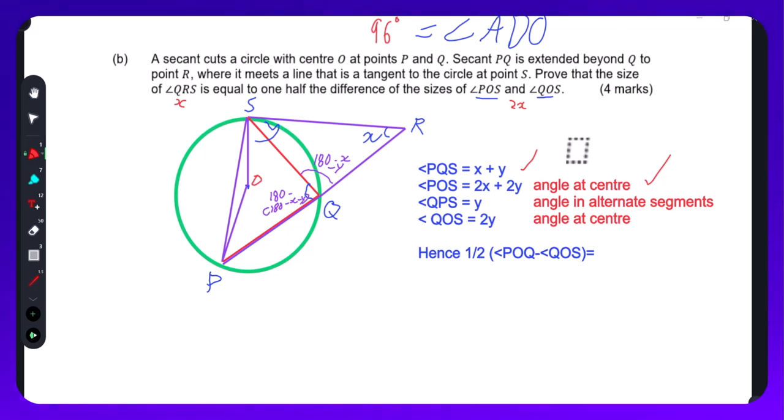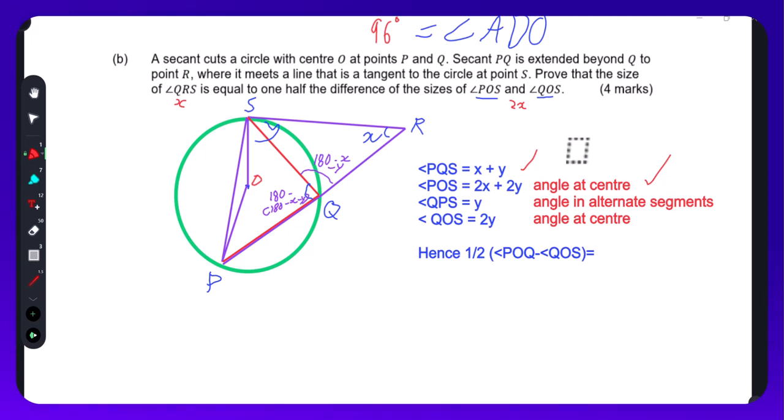QPS, we've denoted that as Y because it's about angle in alternate segments. So if we have Y over here at QSR, that means on the outside on the right hand side is going to be the same as on the inside on the left hand side of this triangle.